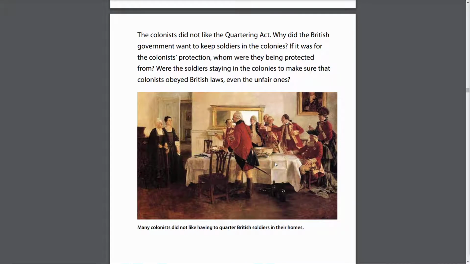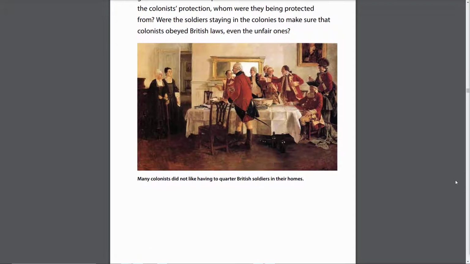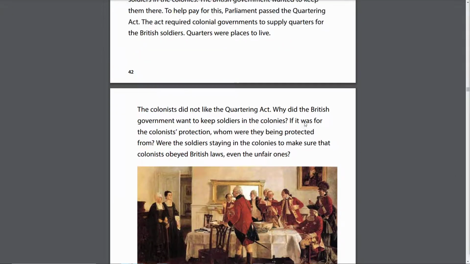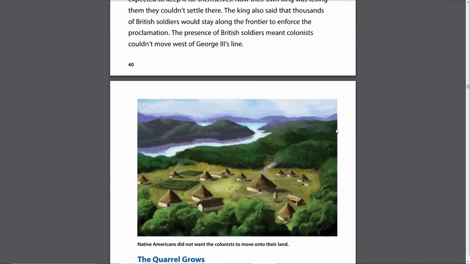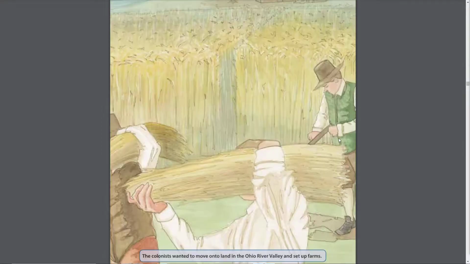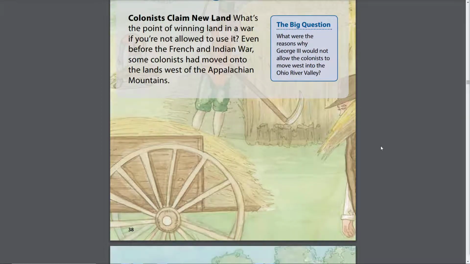And guys, that is it for chapter 6. All right, so let's go back to the big question. What were the reasons why George III would not allow the colonists to move west into the Ohio River area?